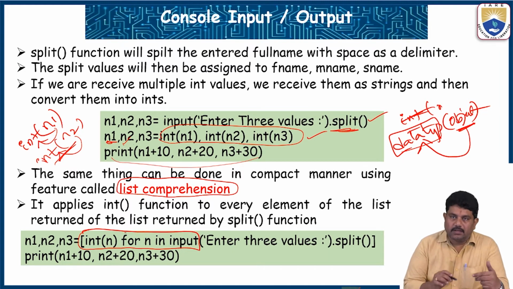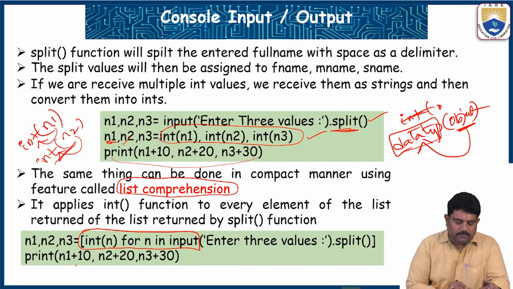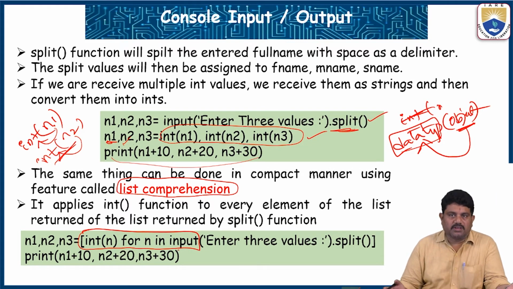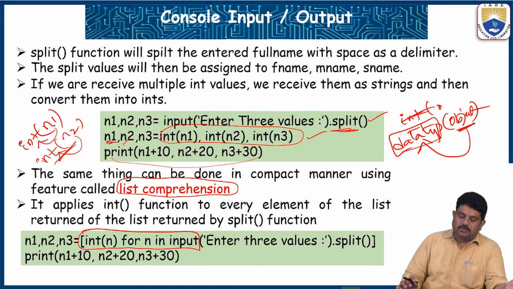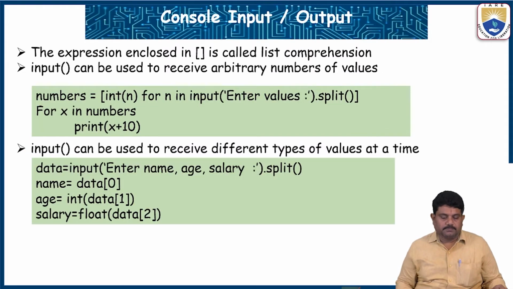Here we are looping n times, and each and every time we are converting those n into integers, and we are assigning those values, say here n1, n2, n3, and now we are performing arithmetic operations because those are numbers now. Okay, so like that we can use. I will execute and show you the examples also.